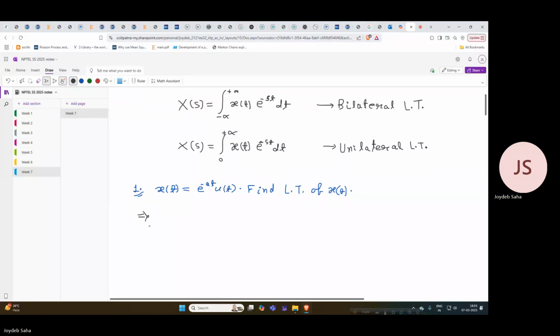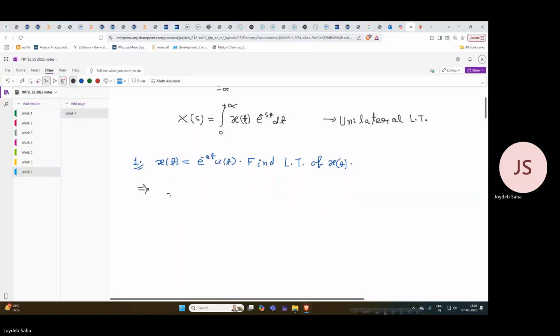Because u(t) is 0 for minus infinite to 0, and for 0 to plus infinite, its value is 1. So x(t) will be 0 for minus infinity to 0, and for 0 to infinite, x(t) will be e to the power minus at.